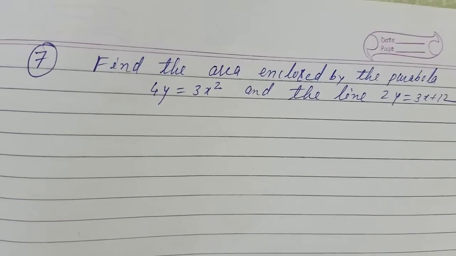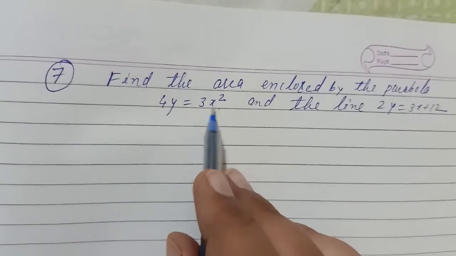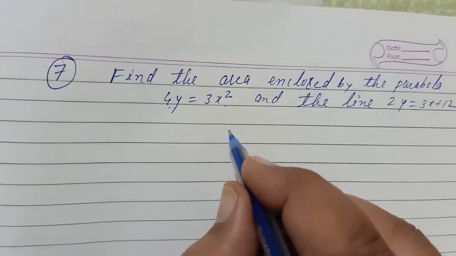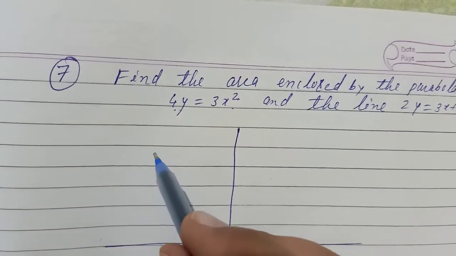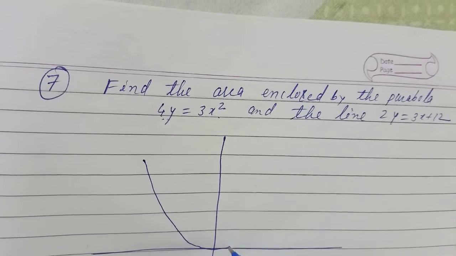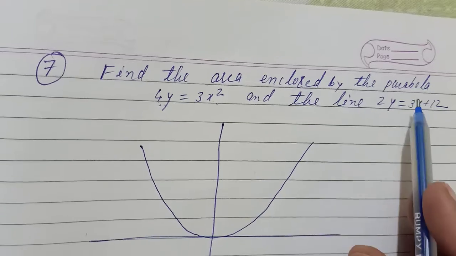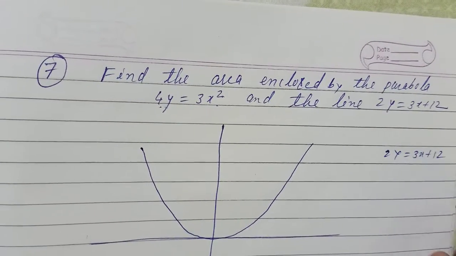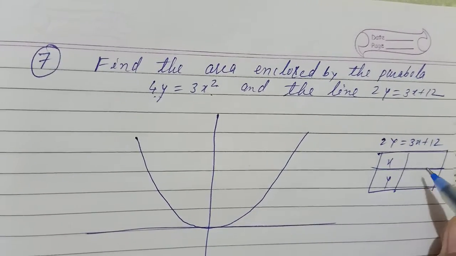Now the area enclosed by parabola 4y equal to 3x square and 2y equal to 3x plus 12. Here x square with positive y, so this is an upward parabola. How will you draw it? An upward parabola whose vertex is 0, 0. And for 2y equal to 3x plus 12, you can take that same 10th class method.